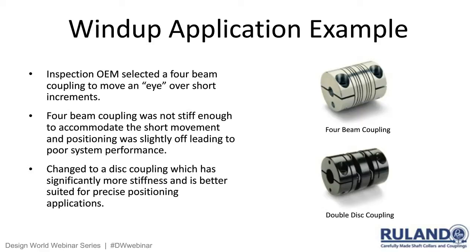This is where the coupling wound up like a spring, and you get a momentary positional error when the coupling does that. So this was an application where wind-up was causing a problem, and they needed a coupling that had higher torsional stiffness. In this case, we're showing the example of going from a beam coupling to a double disc type coupling to increase the stiffness, decrease the wind-up, and give them the accuracy that they needed.